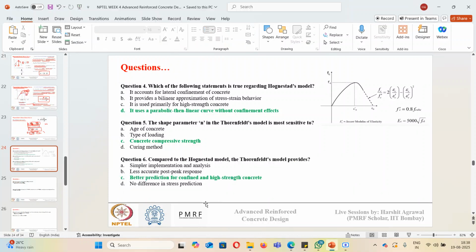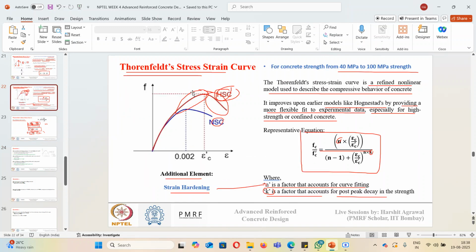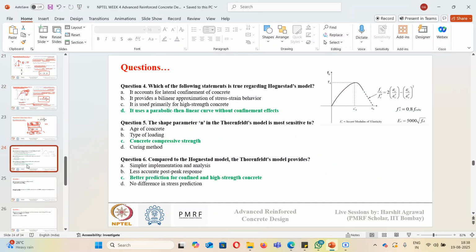When we talk about higher strength concrete above M40, we can see this additional strain hardening phase that comes, and this is something that is captured well by the Thorenfeldt model, instead of the Hognestad model, which assumes just a simple parabolic profile.